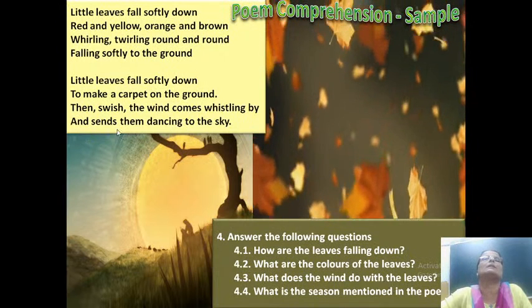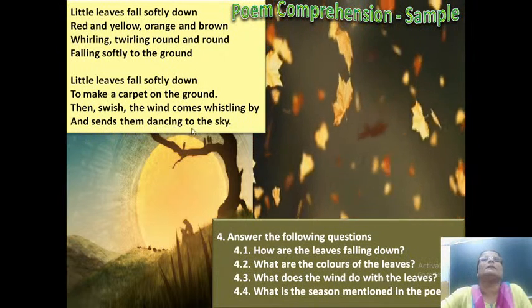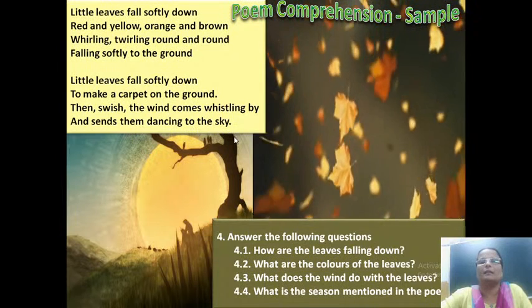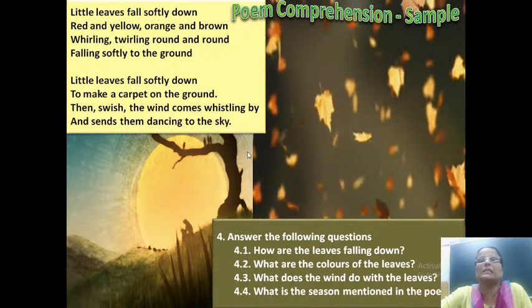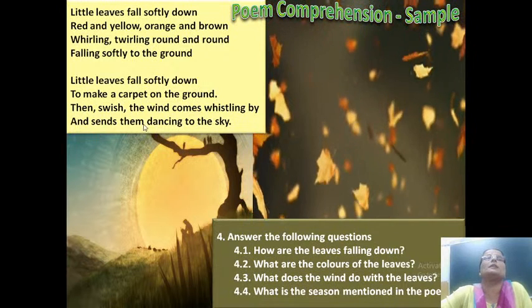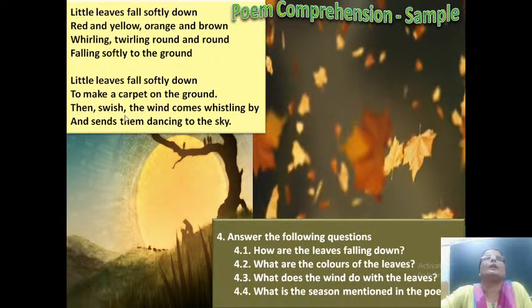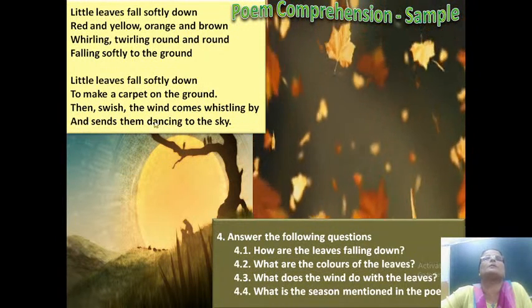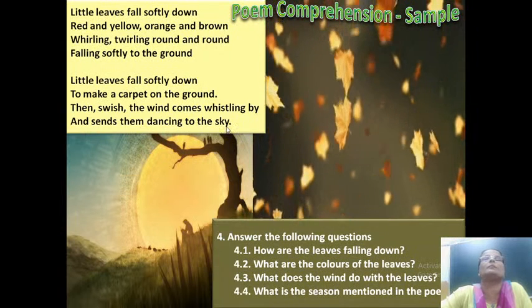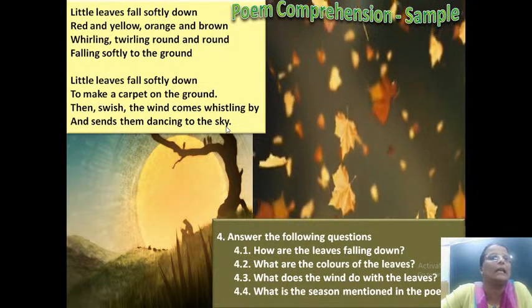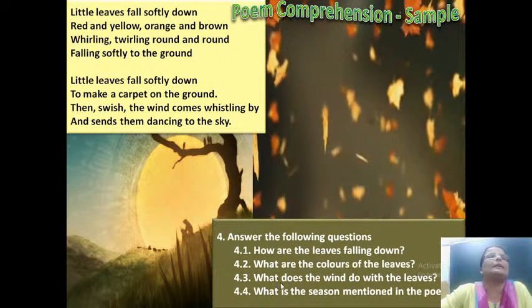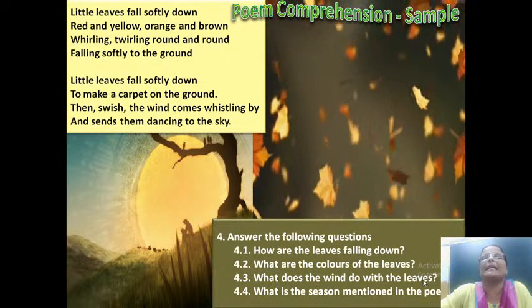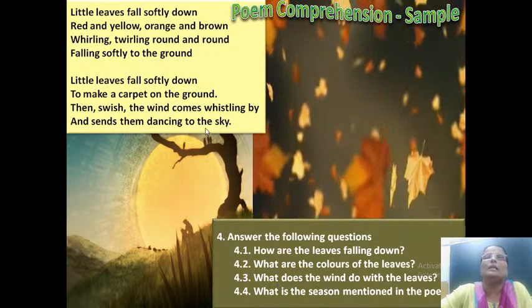You see the last line, sends them dancing to the sky, right? The wind took the leaves and blew them up in the sky. So you should not write this line like this: then swish, the wind comes whistling by and sends them dancing to the sky. If you write the line like that itself, no mark will be given. You have to write according to the question. The wind sends the leaves to the sky.